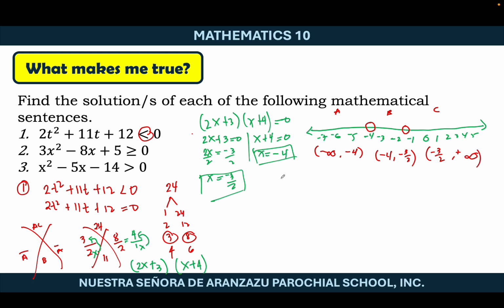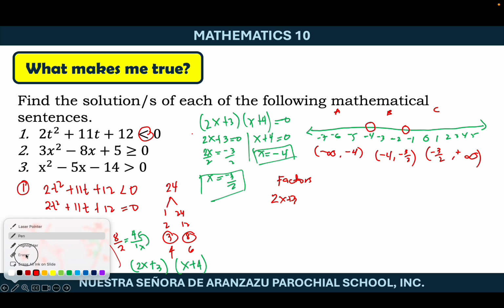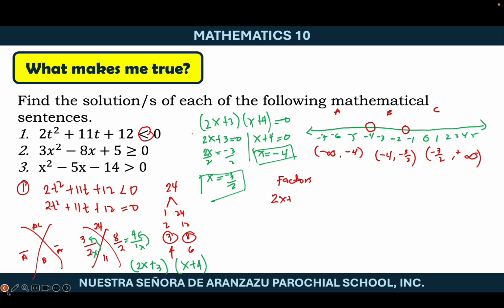Then, use the test values, yung table. So, lista yung factors. We have 2x plus 3. We have x plus 4. And we have, pinagsama, 2x plus 3 times x plus 4.